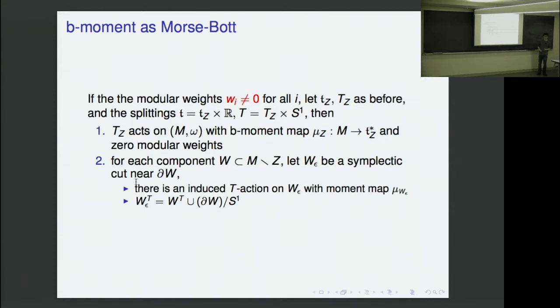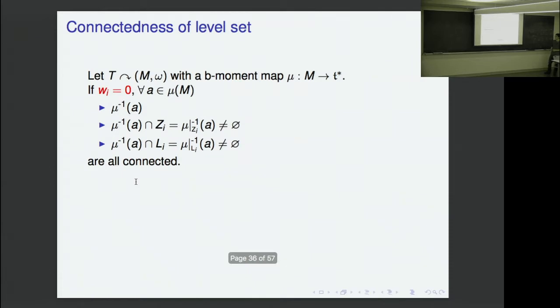And now let's try to find a b-symplectic version of some interesting classical theorems. For example, the connectedness, and the connectedness is closely related with the convexity.